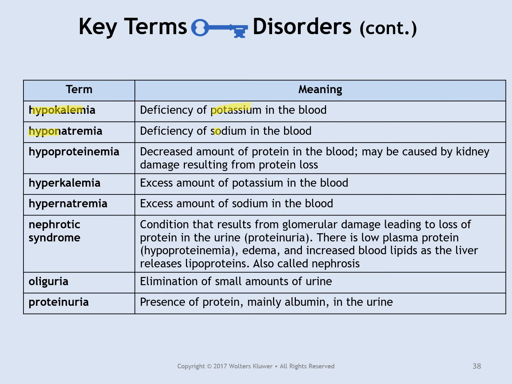Hyponatremia is low sodium. Natremia, sodium, kalemia, potassium. Proteinemia, low protein. Hyperkalemia, again, excess potassium. And hypernatremia, excess sodium.